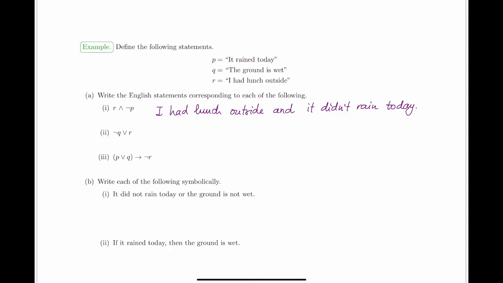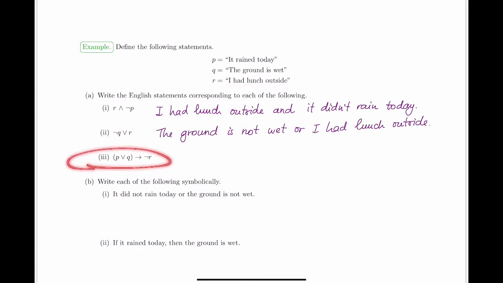So what do we have for the next one? We have not Q, so the ground is not wet, or I had lunch outside. Now looking at the last one here, it looks the most complicated, and you notice the use of the brackets. Now the brackets in logical statements are used exactly the same way as in regular arithmetic. You must obey the brackets when doing the order of operations. Whatever is in the brackets must be done first.